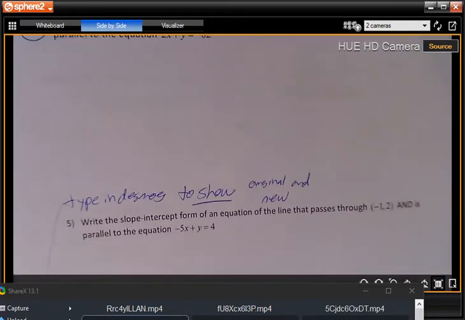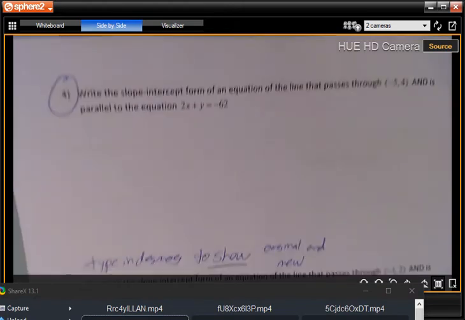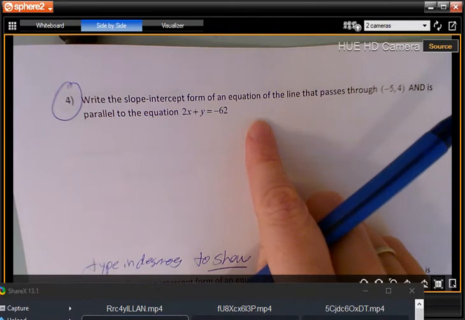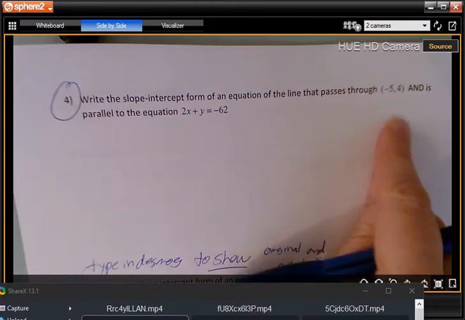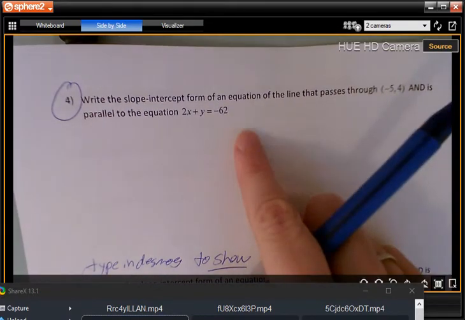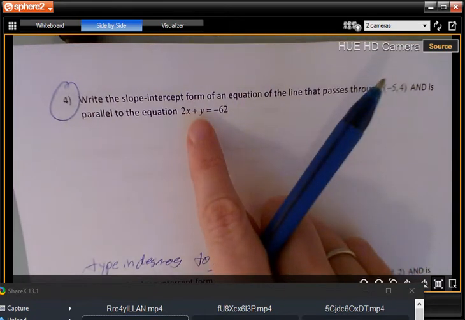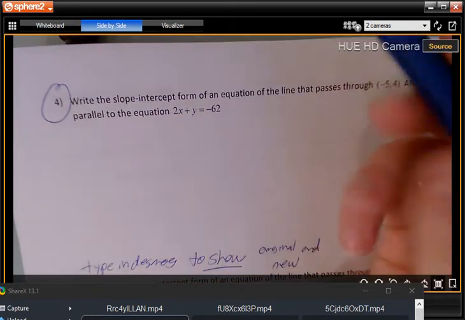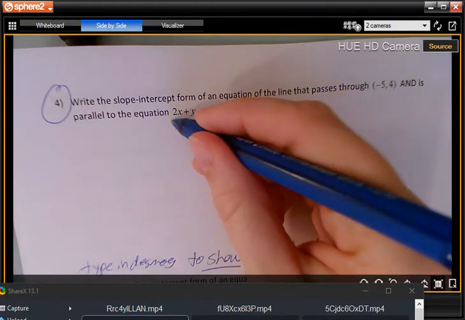We are going to look at number 4. This is right in slope-intercept form of the equation that passes through the point (-5, 4), and is parallel to 2x plus y equals -62. Do you know which form this is in? If you said standard, you are correct. It's in standard form. The slope is still right in front of x.